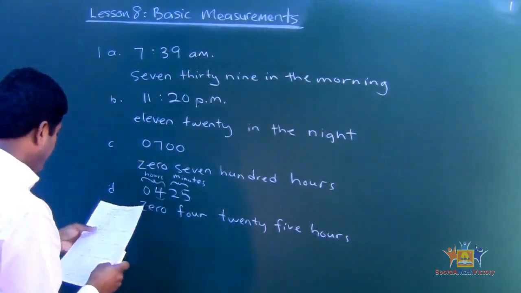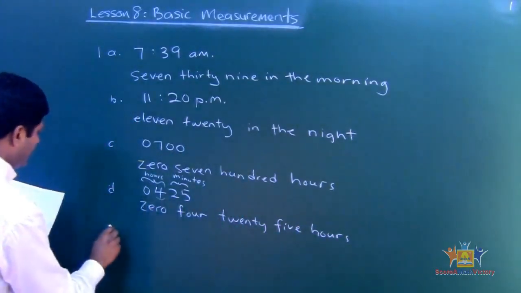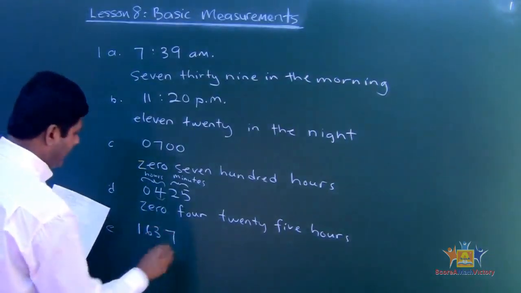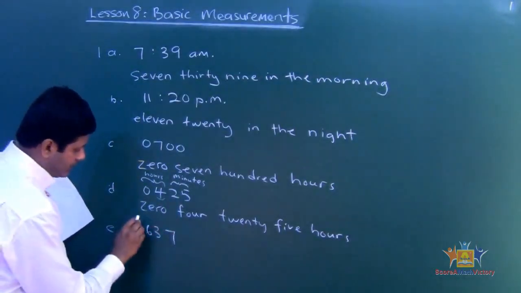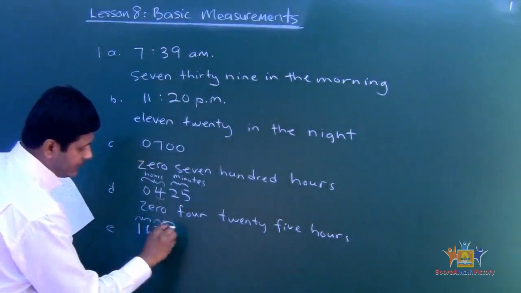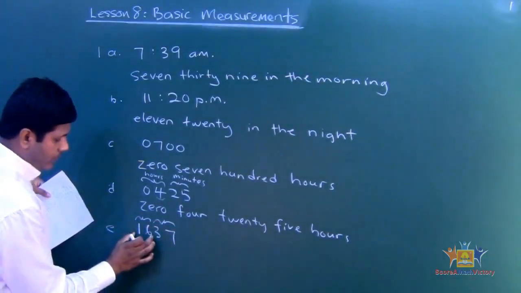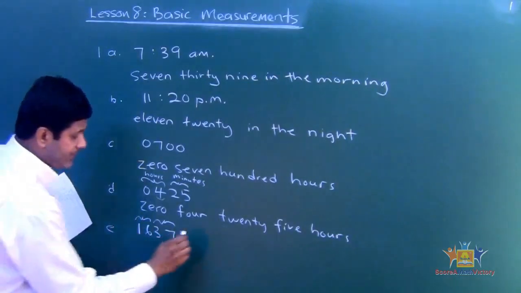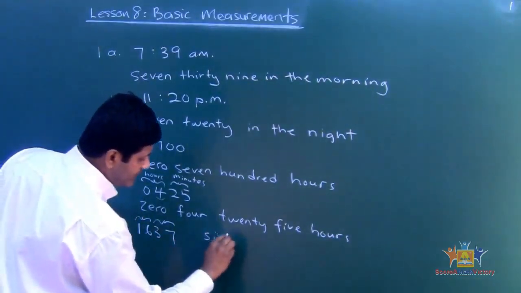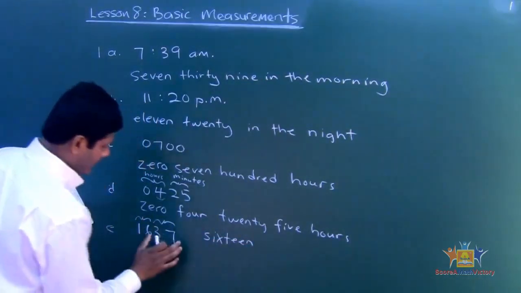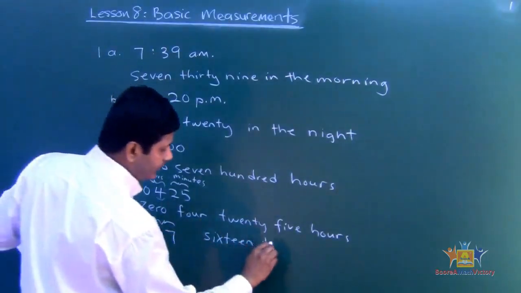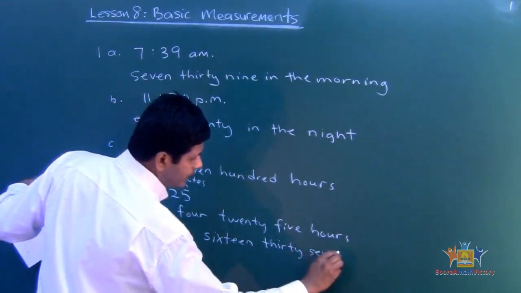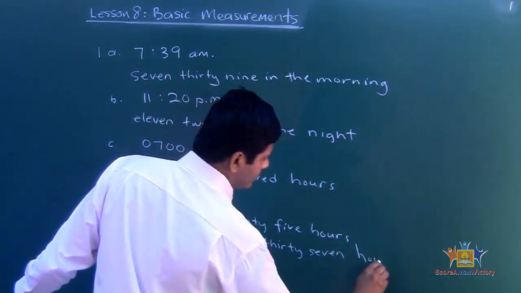All right, let's look at E. So E, you're given 1637. We know that this is the hour and this is the minute. So we're going to read this together: 16, and this one is 37. 1637 hours.